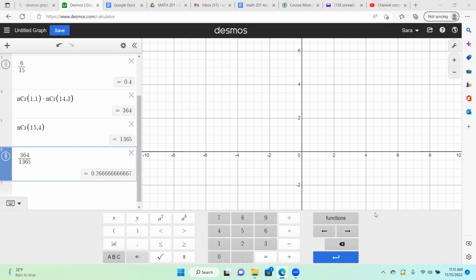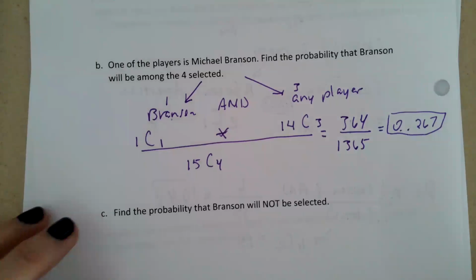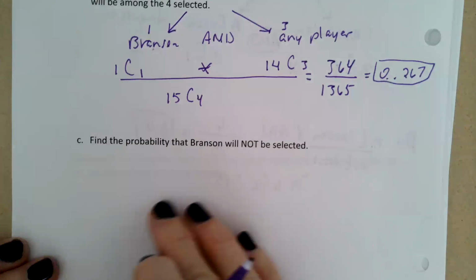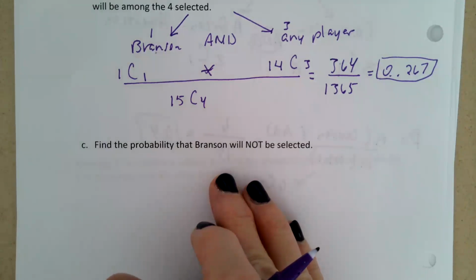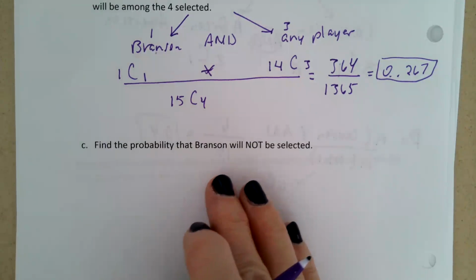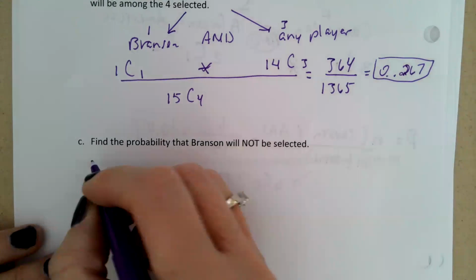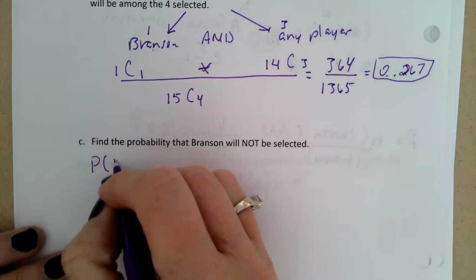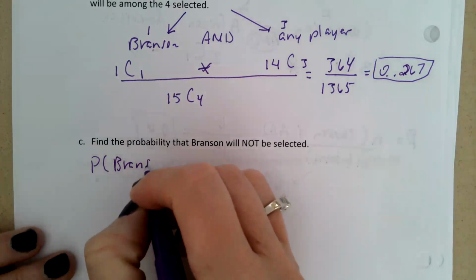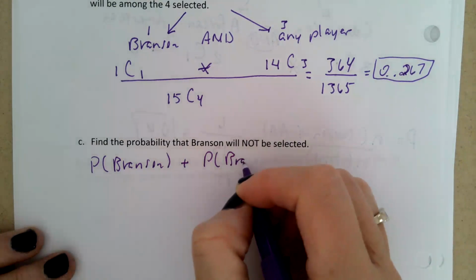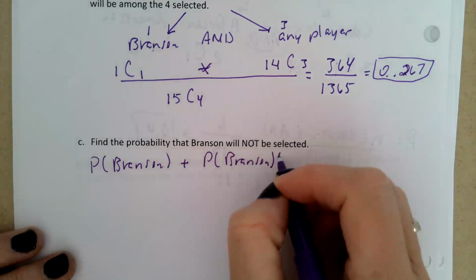So let's go back to our paper for a moment. And we're looking at the last one. Let's find the probability that Branson will not be selected. So this is the way that he is selected, 0.267. So we have the probability of Branson plus the probability of not Branson, right?